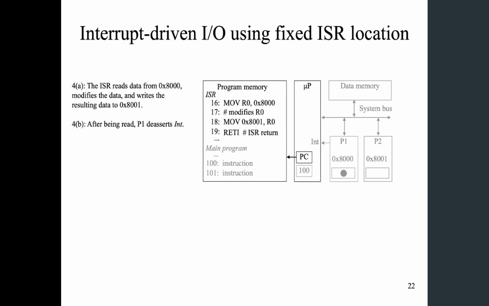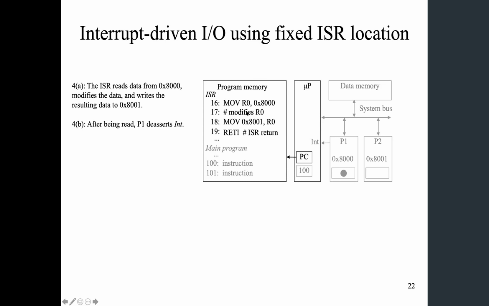And that's what happens here. The ISR will be executed. So it will read data from this address, and we're using memory-mapped IO. So you can essentially use a move instruction to read data from 8000 and put it into this internal register R0.